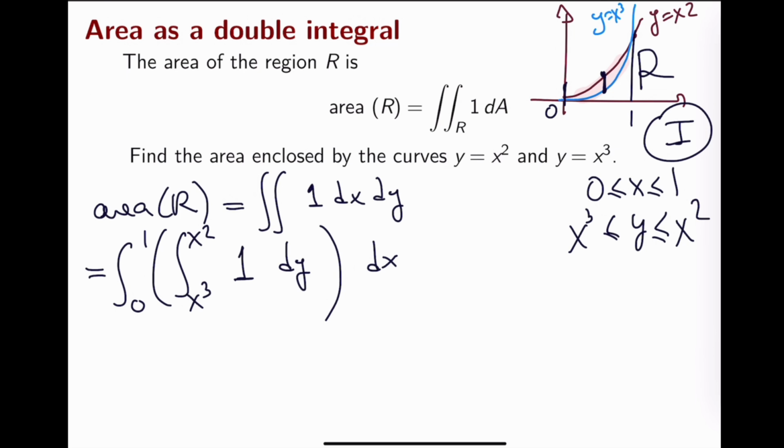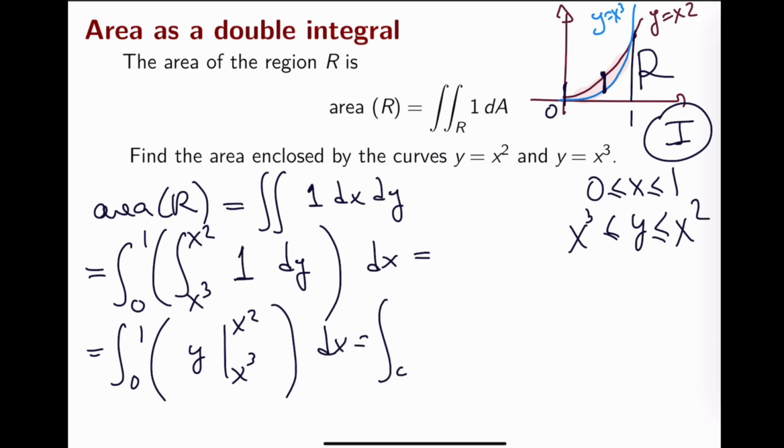And so now we calculate, as before, the inner integral first. The integral of 1 is going to be just y, evaluated between x cubed and x squared. So we do this evaluation now. So evaluating here will be x squared minus x cubed dx. And now we just integrate this function of one variable.